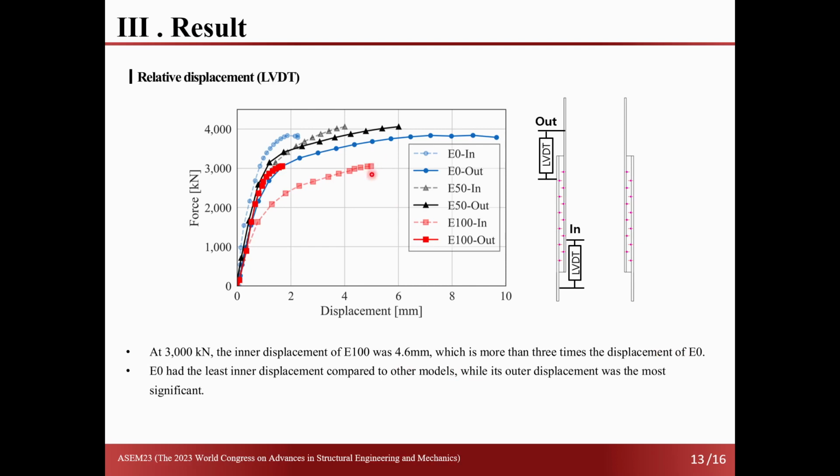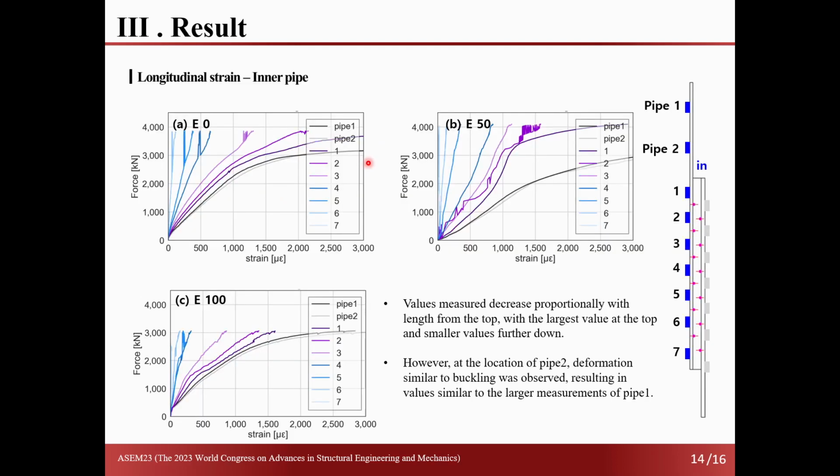E0 had the least inner displacement compared to other models, while its outer displacement was the most significant. Values measured decrease proportionally with length from the top, with the largest value at the top and smaller values further down.